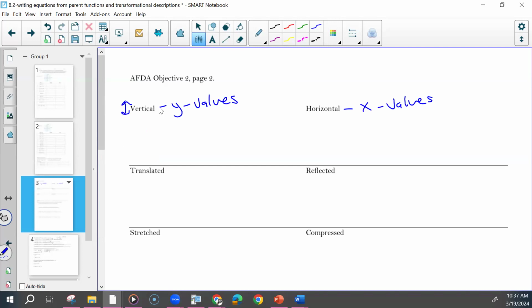So I'm going to draw a graph that's moved up and moved down. We talked about the parent function starts at the origin. It usually faces up. And if it has a plus, that would be a shift up. Or you could use the word translate. And you put which direction it went and by how much.